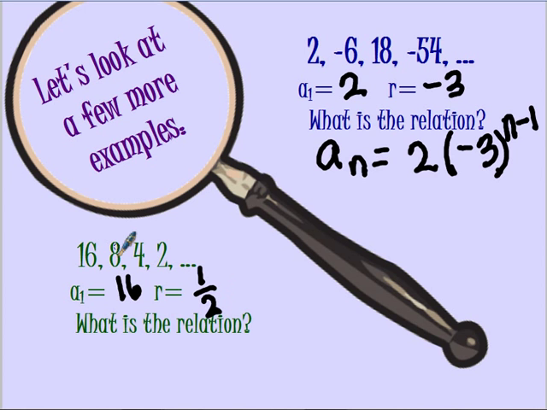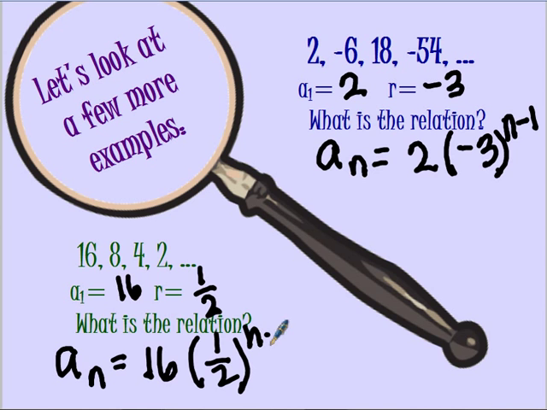This next number is half of the previous number. So the explicit formula for this geometric sequence, I would say a sub n is 16, my initial term, times my common ratio to the n minus 1 power.